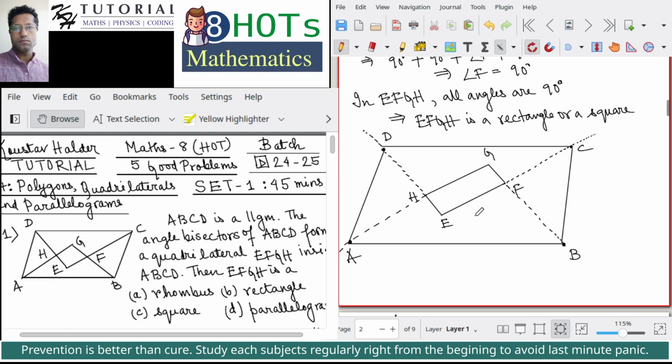It has to be a square or a rectangle, but for a parallelogram in general, where no information is given about its sides, the inside quadrilateral EFGH has to be a rectangle. So the correct choice is B, rectangle.